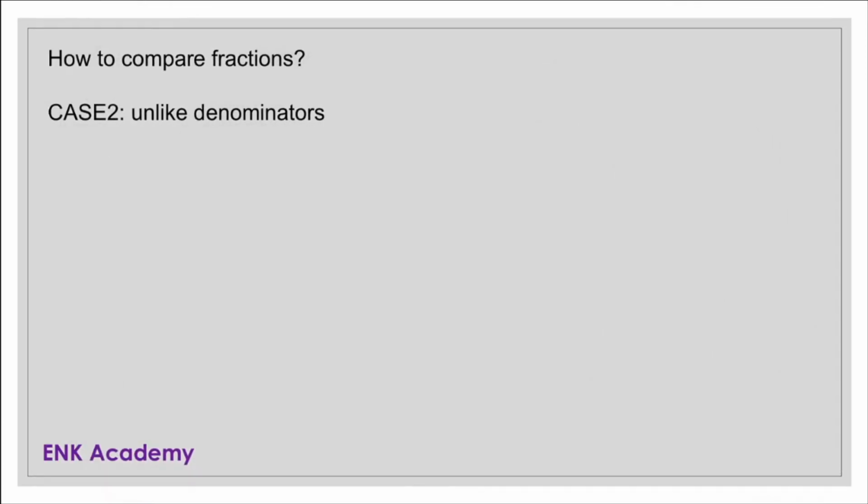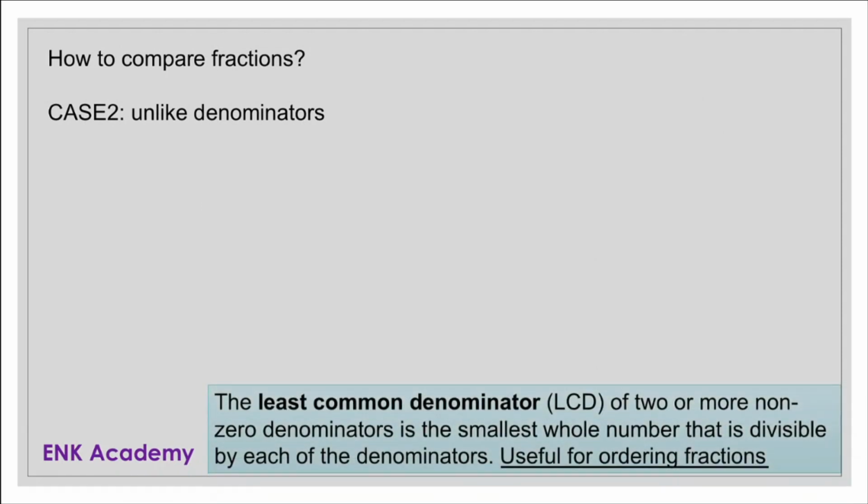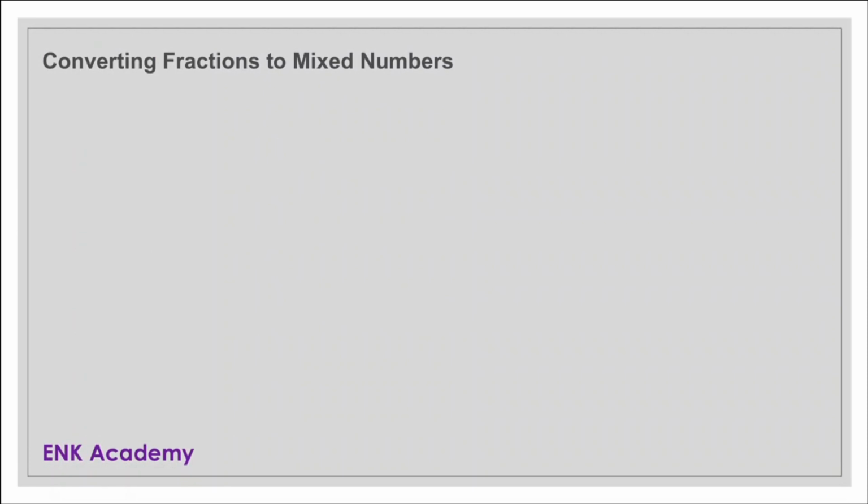So the last topic is about converting fractions to mixed numbers. If you have an improper fraction, for example 4 over 3, you make the division and then you take the remainder.